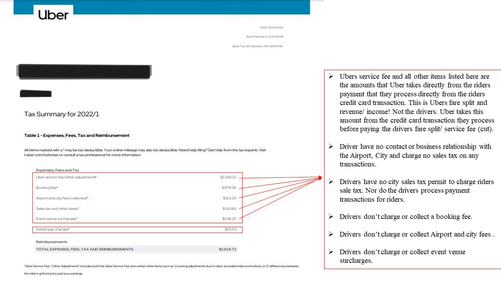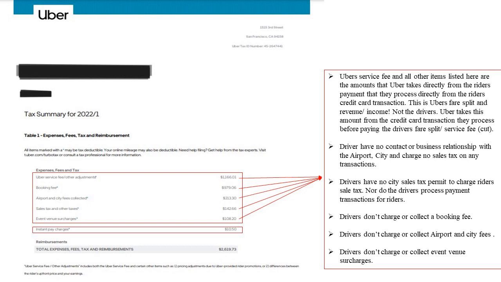They have deducted booking fees of $979.06, airport and city fees collected of $213.30, sales tax and other taxes of $142.66, and event venue surcharges of $108.20.